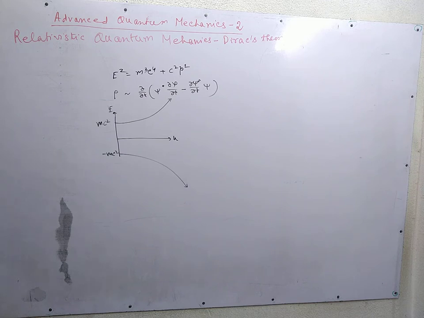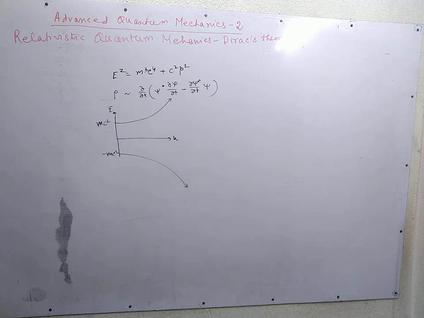Dirac identified that the problem with the Klein-Gordon equation is due to the fact that the energy relation is quadratic, and Dirac assumed a linear Hamiltonian for the system.